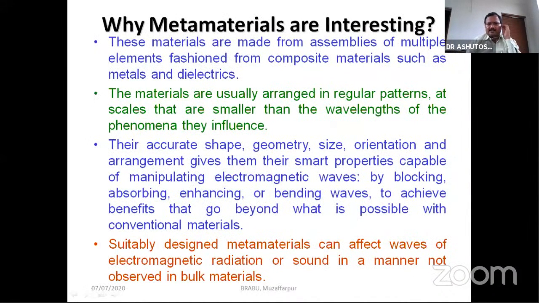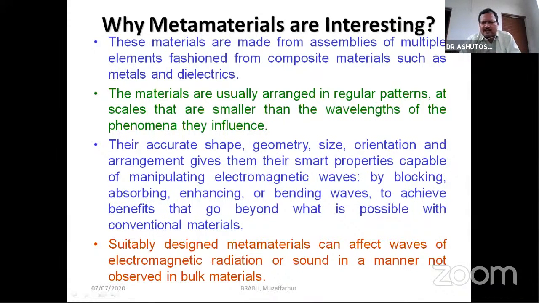Why are metamaterials interesting? These materials are made from assemblies of multiple elements fashioned from composite materials such as metals and dielectrics. The materials are usually arranged in a regular pattern at scales smaller than the wavelength of the phenomena they influence. Their accurate shape, size, geometry, orientation, and arrangement give them smart properties capable of manipulating electromagnetic waves by cloaking, absorbing, enhancing, and bending, to achieve benefits that go beyond what is possible with conventional materials.